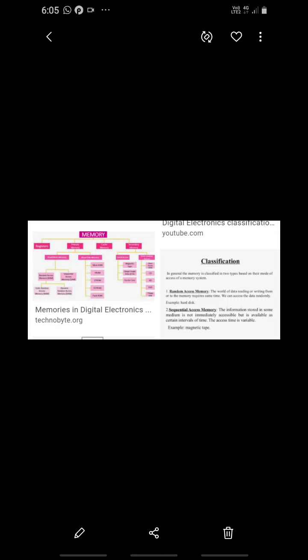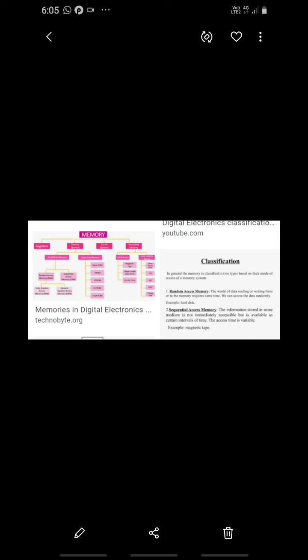Based on the period of storage, the memories are classified into two types: volatile memory and non-volatile memory. Volatile memory. In this type of memory, the stored information is dependent on a power supply.